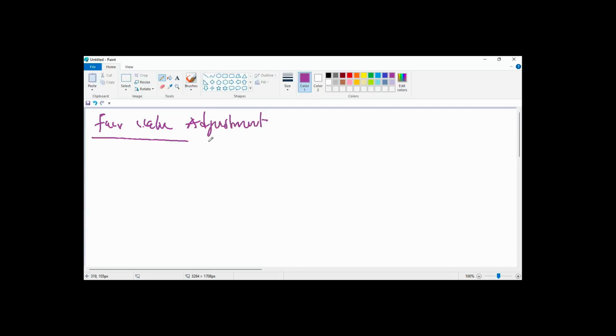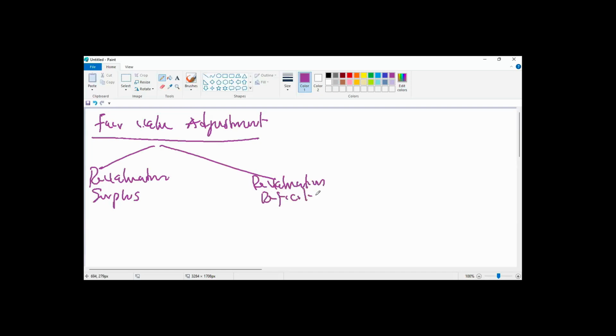It's either we revalue up, which creates a revaluation surplus, or down, a revaluation deficit. These are the two. How do I know in the exam it is a surplus? The question, in English form, says the fair value is higher, more than, above, or in excess of the carrying amount.